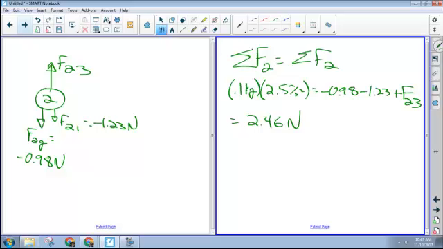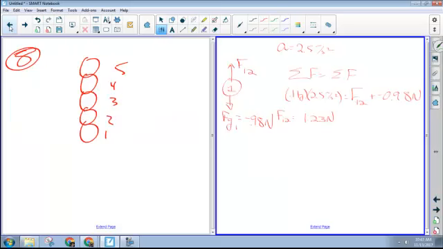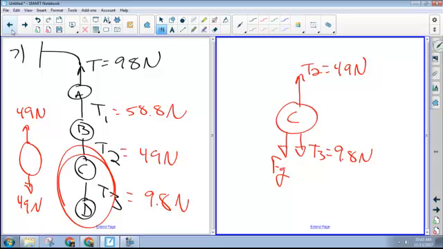So remember how we decided there are 2 ways to do number 7? When we did number 7, there were 2 ways to do it. When I did it, I first looked at block C, and then I looked at C and D combined, and then I looked at B, C, and D combined.